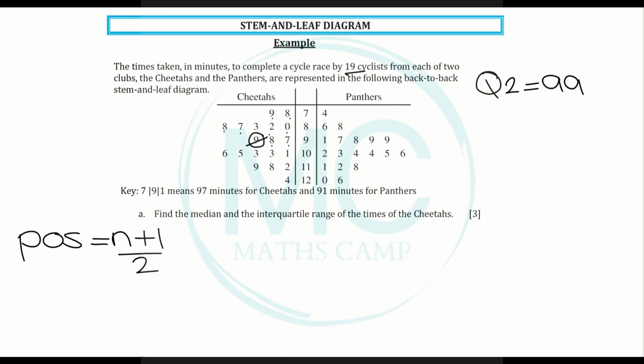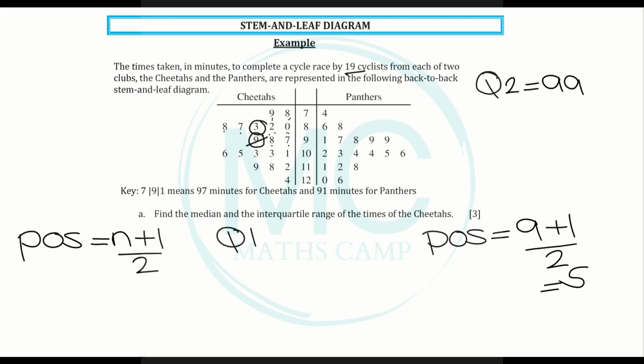If n is 9, position of Q1 is equal to (9+1)/2, which is equal to 5. So to find the value of Q1, we can say 1, 2, 3, 4, 5. Q1 is 83. I'm going to make a note of it down here. Q1 is equal to 83.